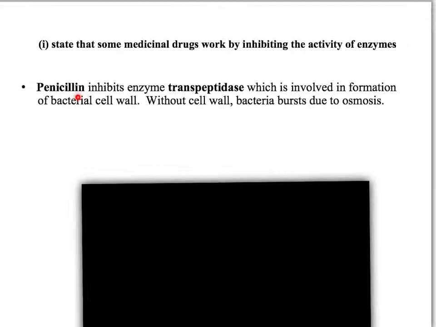It is a drug which is involved in fighting bacterial infection, and its site of action is an enzyme called transpeptidase. Now bacteria have a cell wall, and the cell walls are made of a substance called murein. Murein is essentially polysaccharide chains which are held together by short polypeptide chains.